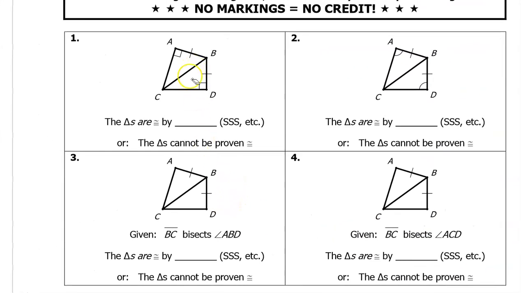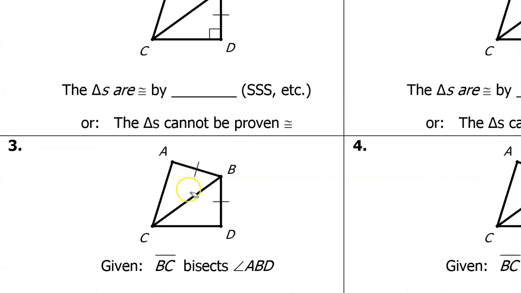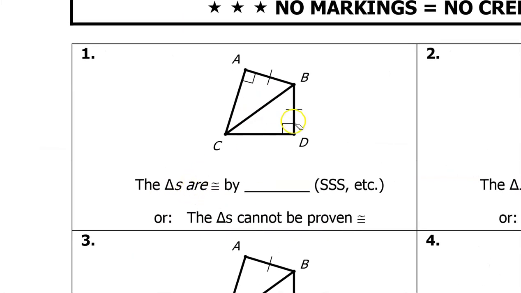So when we look at problem number 1, before we can really get started, there's an additional piece of information that we can mark just based on the way the picture is drawn. We see that we have 2 congruent angles. They're both right angles, and we see that these 2 sides are marked congruent. But also the shared side is automatically congruent.